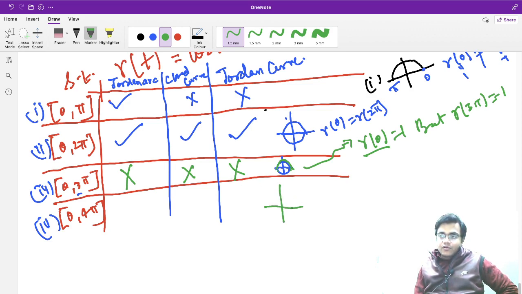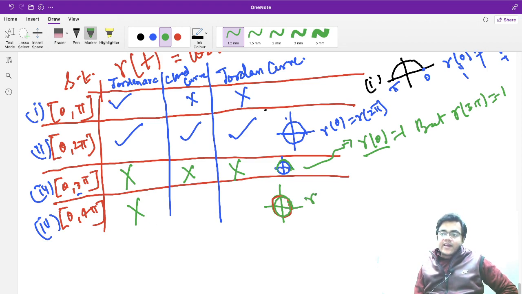Now I am going to ask about 0 to 4 pi. For 0 to 2 pi you can see the circle, but for 0 to 4 pi it is going to repeat itself again, two times. So this curve is going to overlap itself, therefore it is not a Jordan arc.